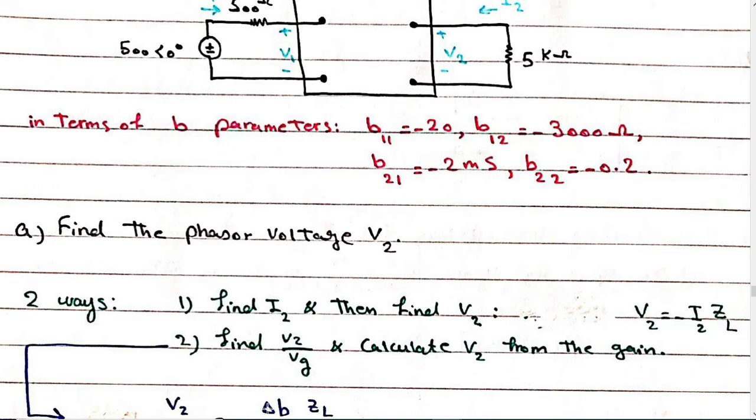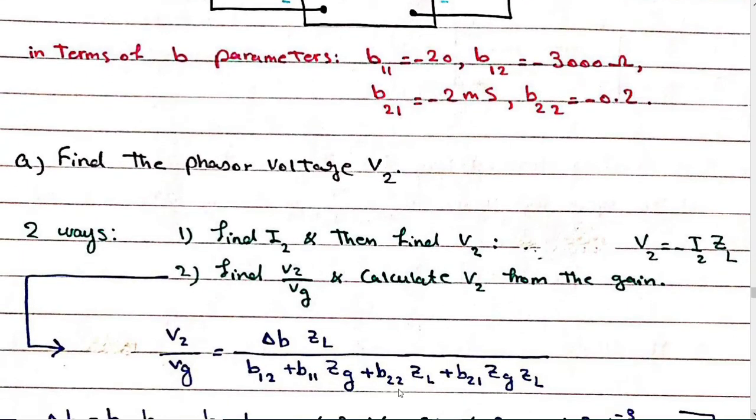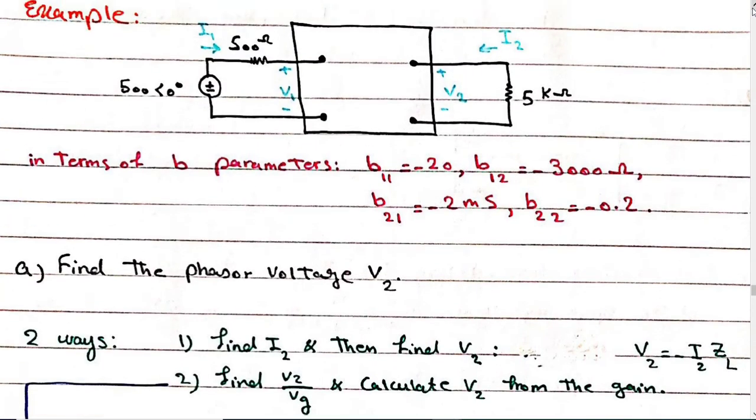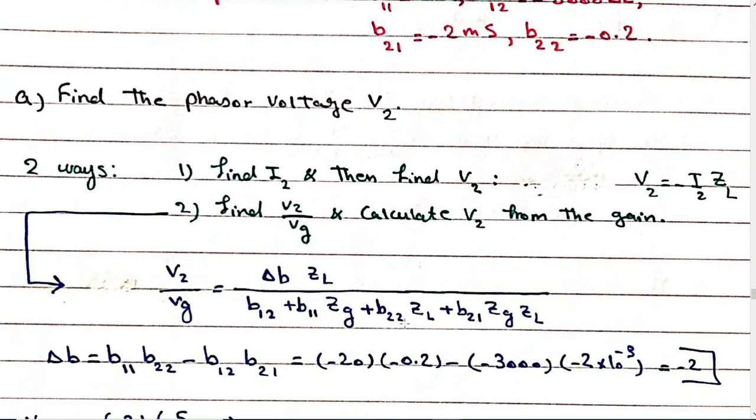So what is delta B? Delta B is B22 multiplied by B11 minus B12 multiplied by B21. So you can calculate delta B. You have the value for B12, you have the value for B11. What is the value for ZG? How much is that? 500 ohms. So you have B22 ZL, B21 ZG, and ZL.